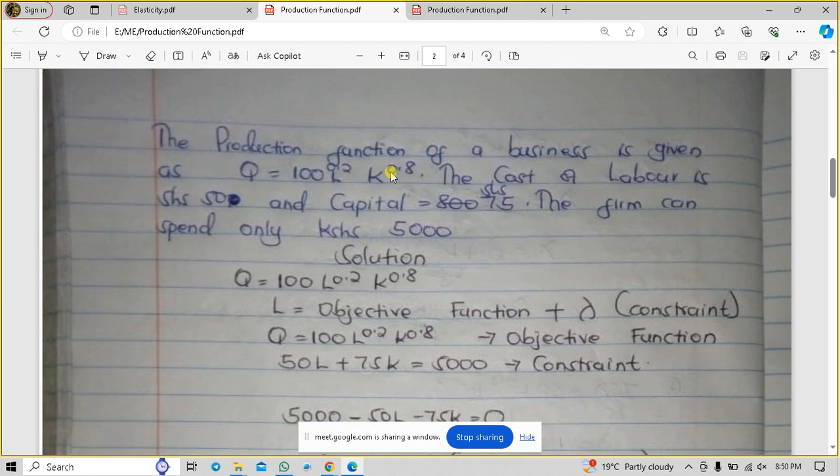Then you write the cost of labor is 500. So here we are writing the cost of labor is 500, cost of capital is 800.